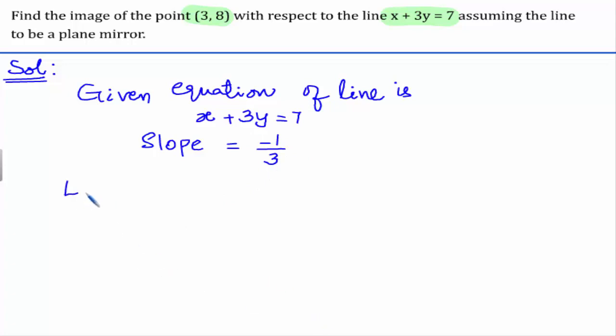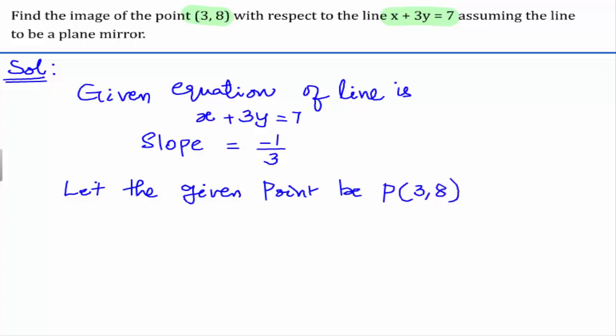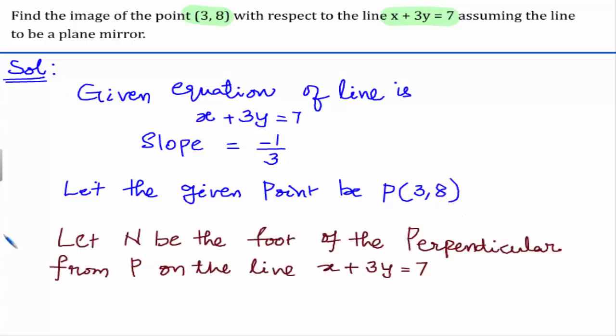Now let us assume the given point as P, P3, 8. Let us assume that N be a foot of the perpendicular from the point P on the line x plus 3y is equal to 7.